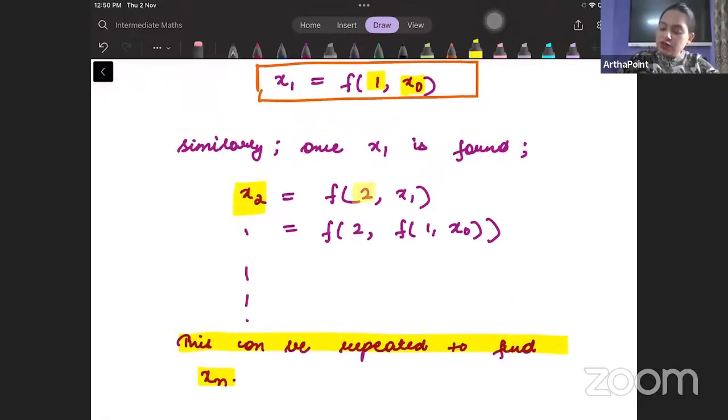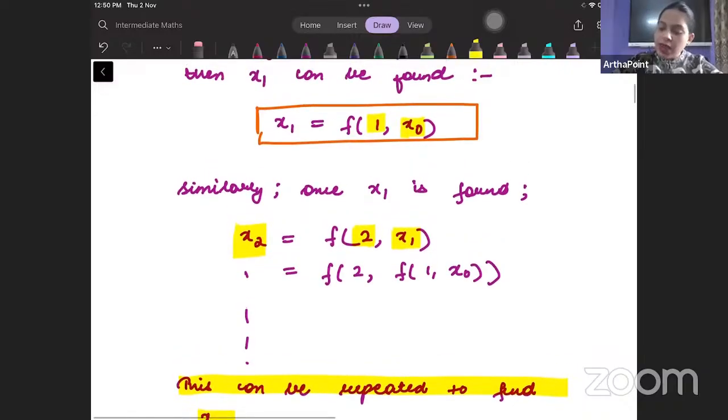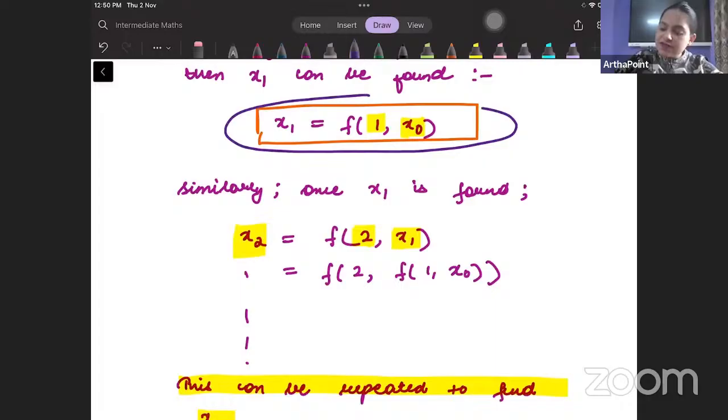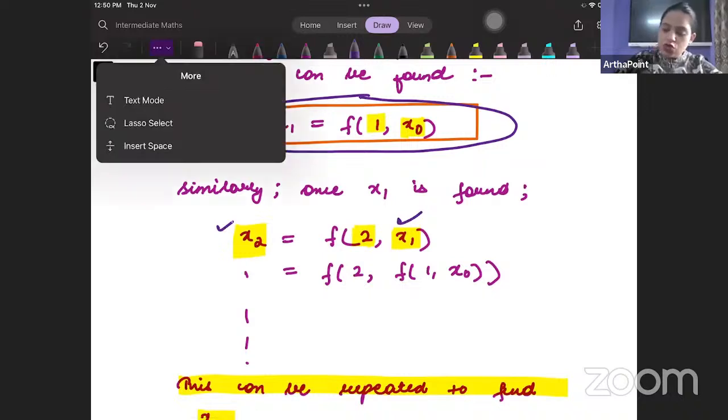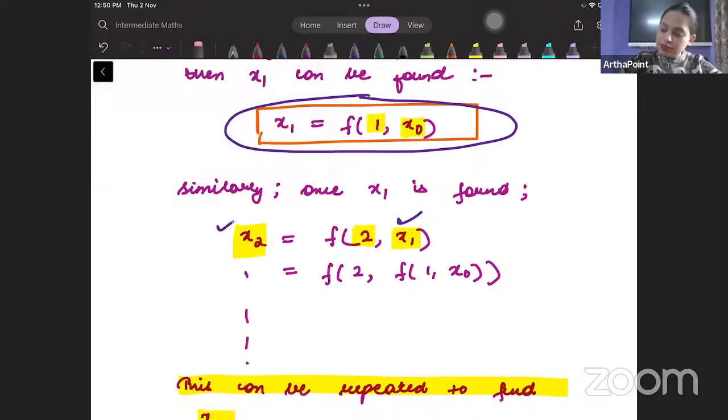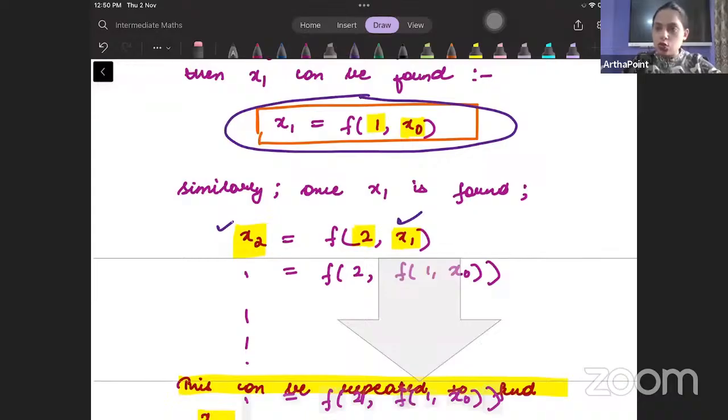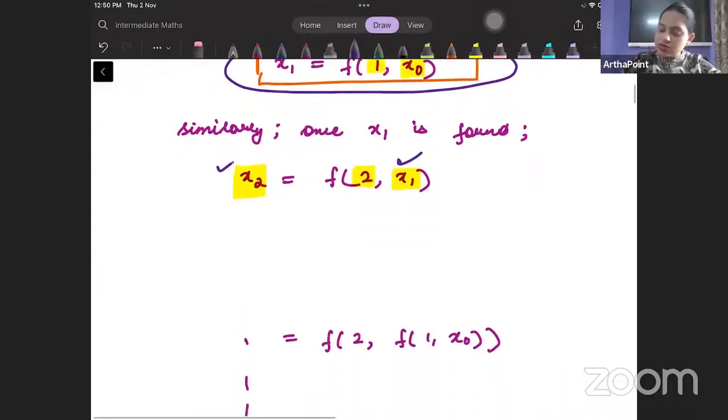x2 is a function of time period 2 and its previous value, matlab x1. Now try to see. This is very interesting. But I have already written x1 as a function of x0. x2 is a function of x1. So just try to see this.